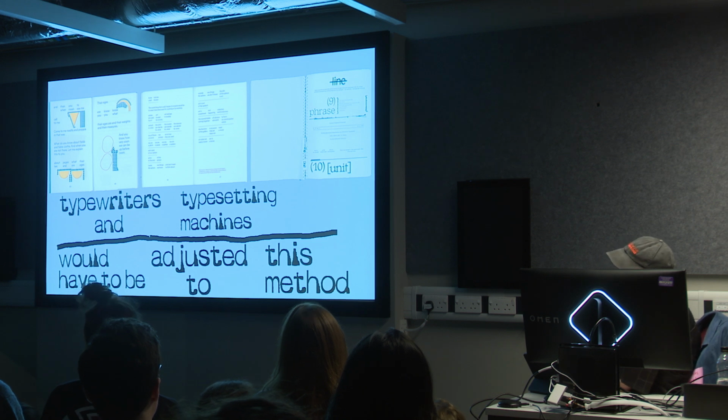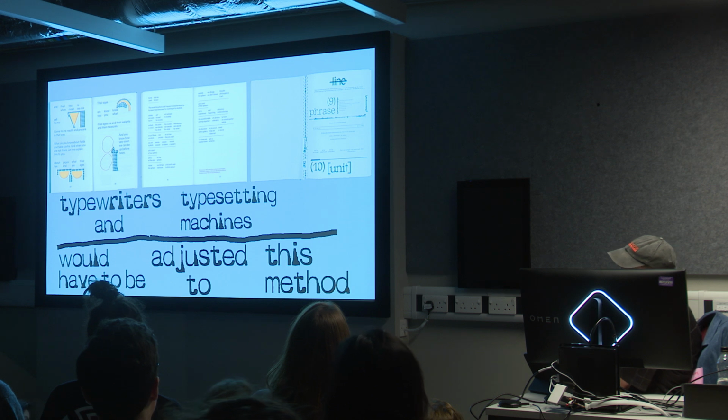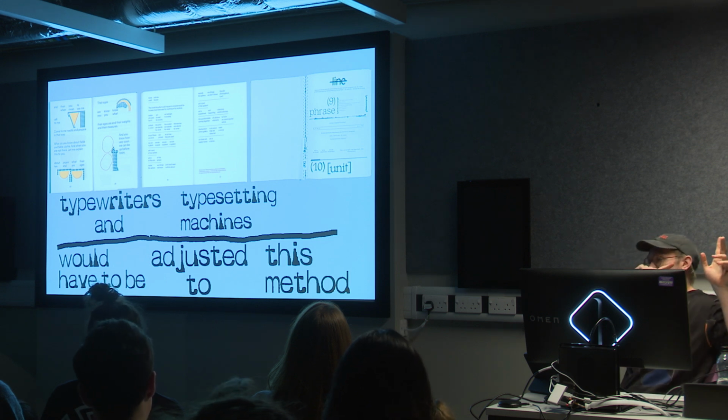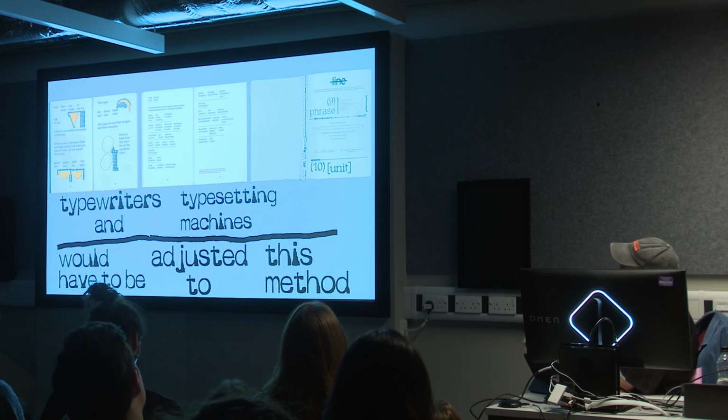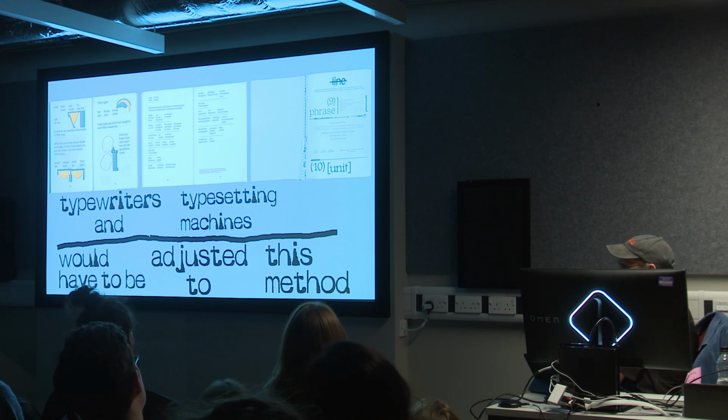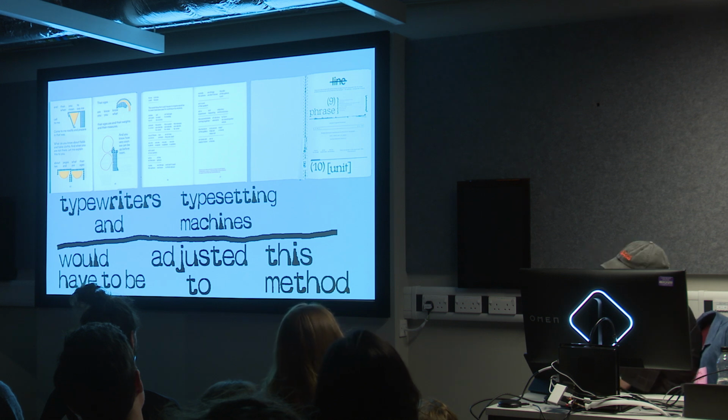A few references to it also appear in modernist typographic discourse, such as in Herbert Spencer's survey The Visible Word, and in a Herbert Weyer monograph, the one that Fraser showed this morning in the Hamlin line, which includes this glorious quote: typewriters and typesetting machines would have to be adjusted to this method. I like to call this the understatement of the typographic century.